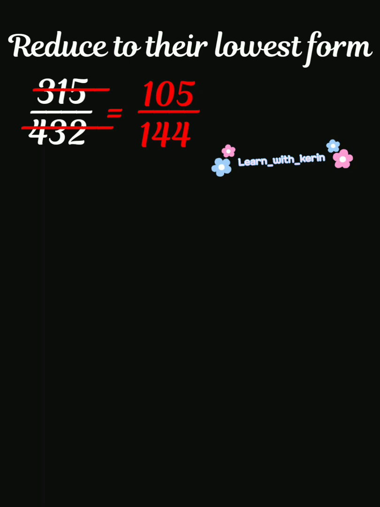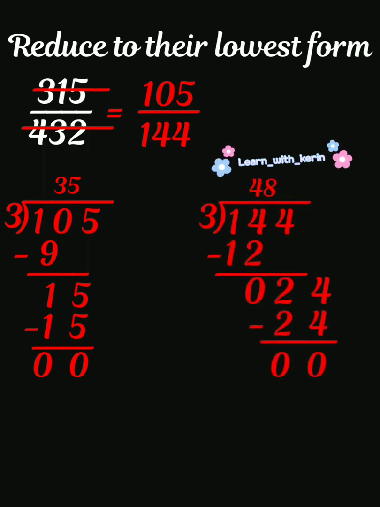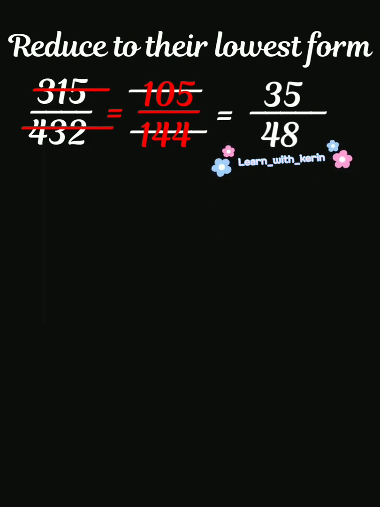Children, if we divide 105 by 3, the answer would be 35. And if we divide 144 by 3, the answer would be 48. Children, let's cut the number now and divide by 3. 105 divided by 3 is 35 and 144 divided by 3 is 48.